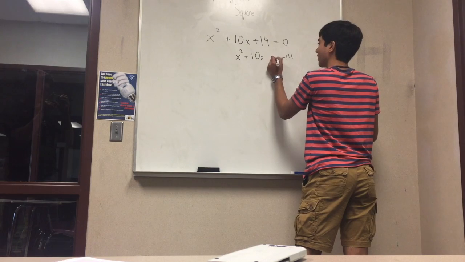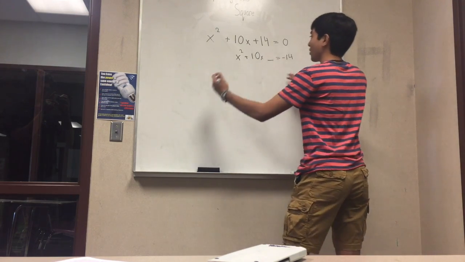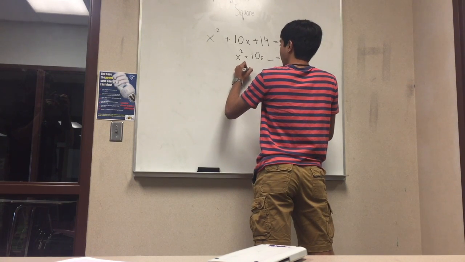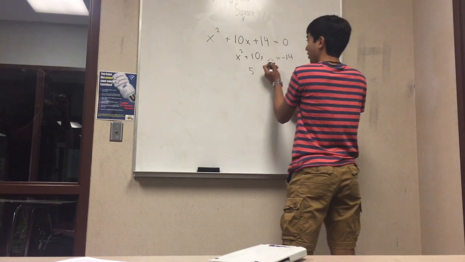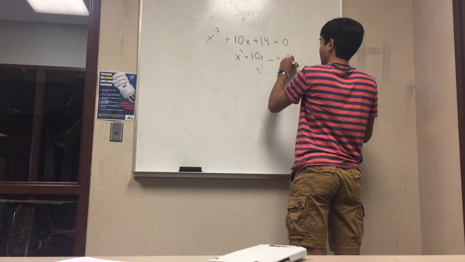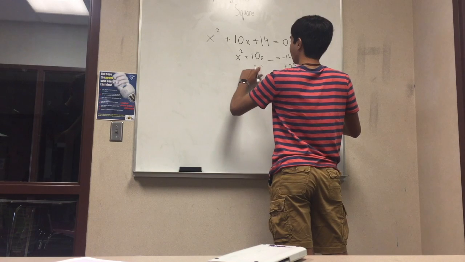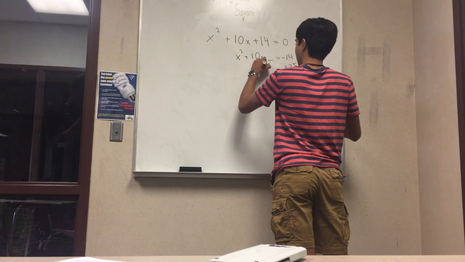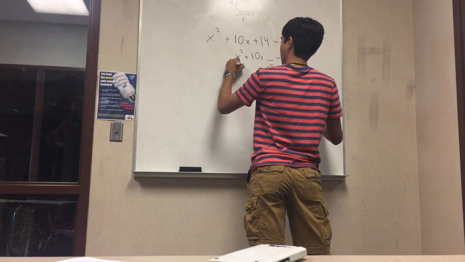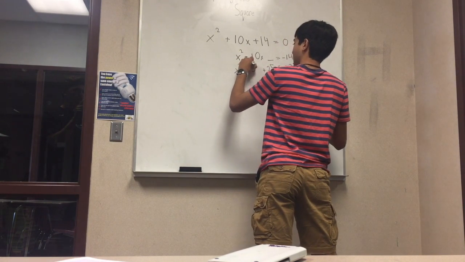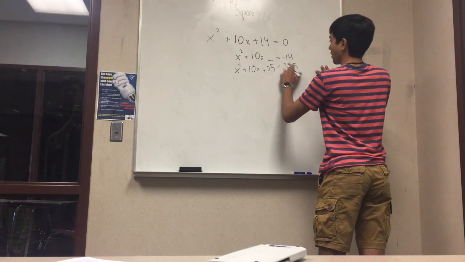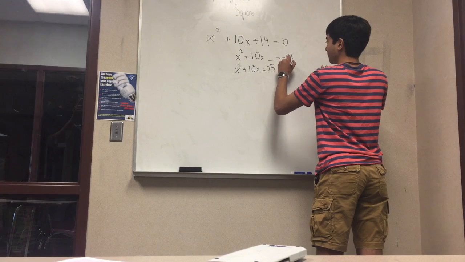So then, in order to complete the square, you take half of your b value, which is 10, so you'd get 5, and then you'd square it, so you'd end up adding 25 to your right side and 25 to your left side in order to make the function x squared plus 10x plus 25 is equal to 11.